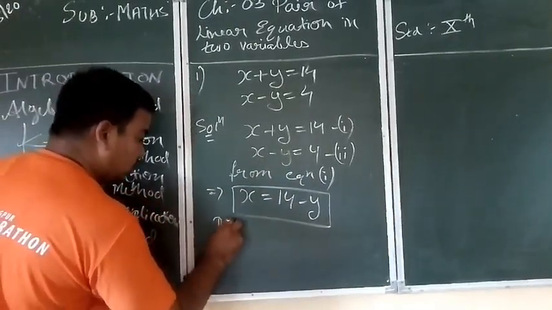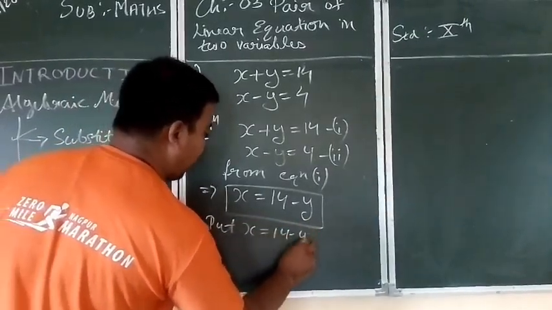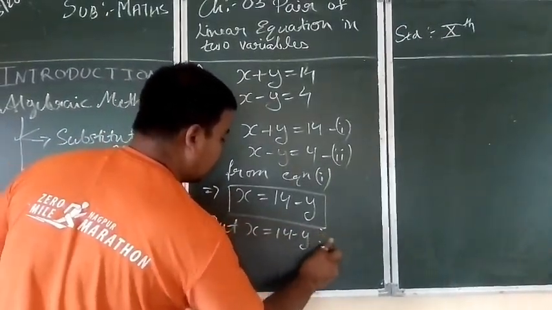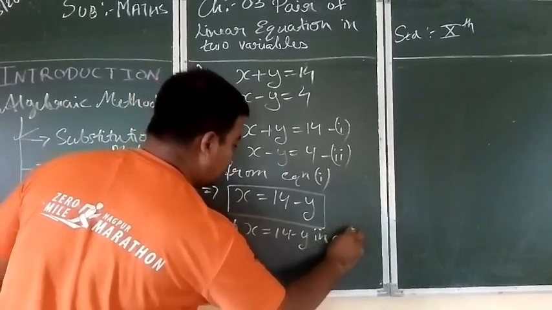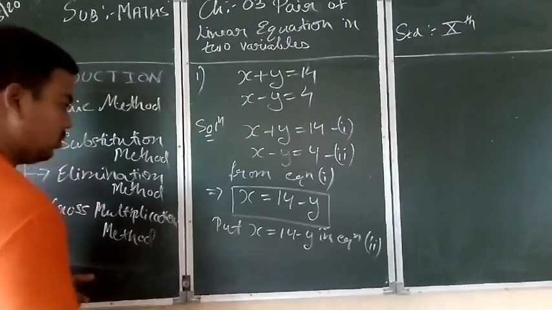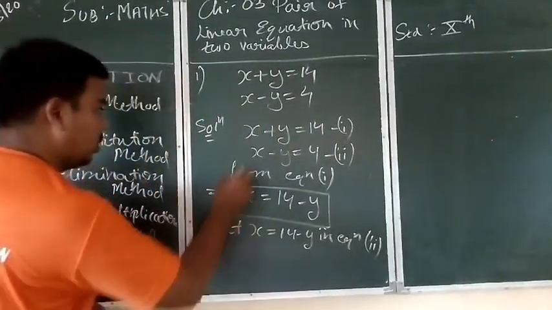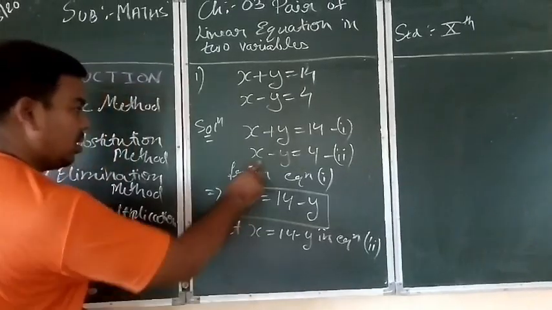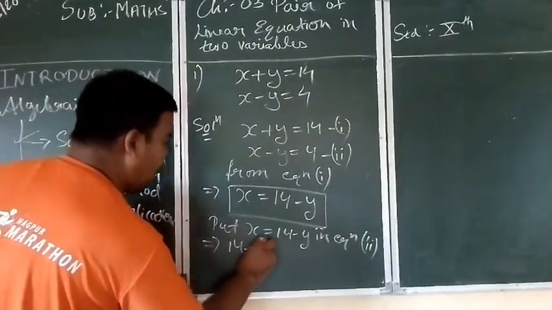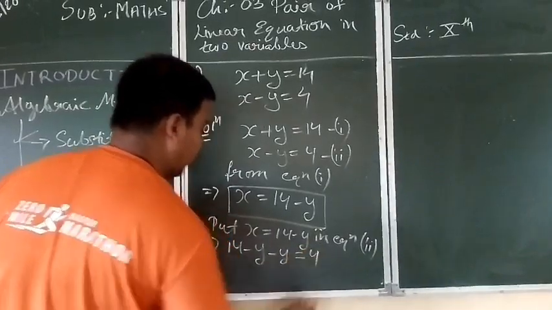So put x equal to 14 minus y in the second equation. The x value is 14 minus y, then minus y is equal to 4.